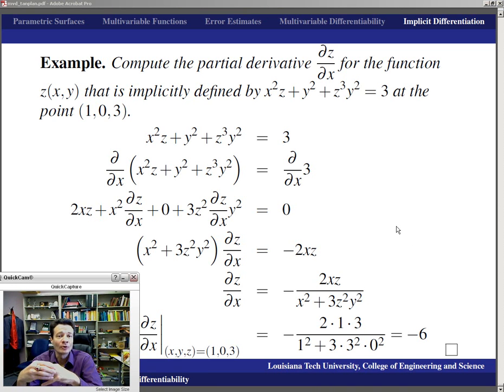We are now going to focus more on what we're going to use partial derivatives for. We're going to talk about gradient fields, we're going to talk about optimization, and so on.